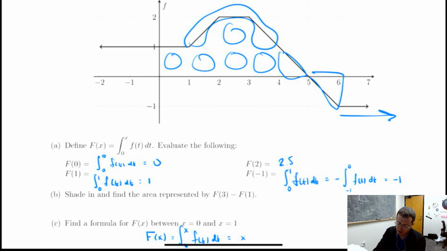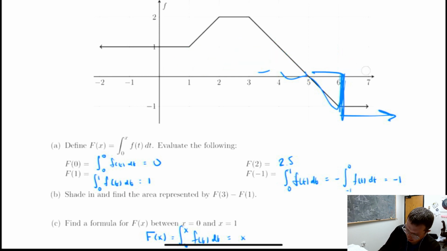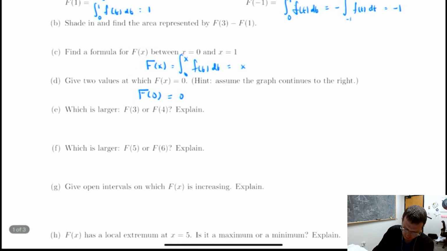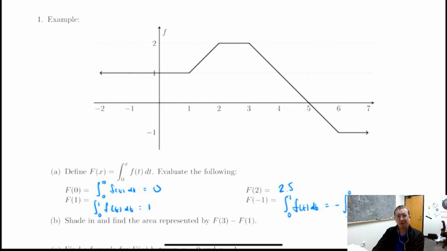So if my net area is 6 at x equals 6, then I need to go 6 more units to the right. So by the time I'm at 12, all of the positive area here has been wiped out by the negative area over there.